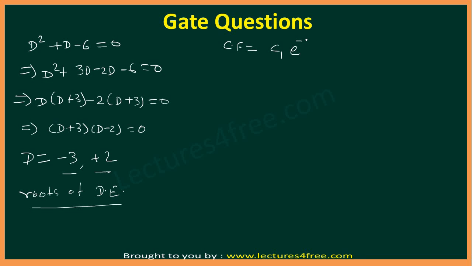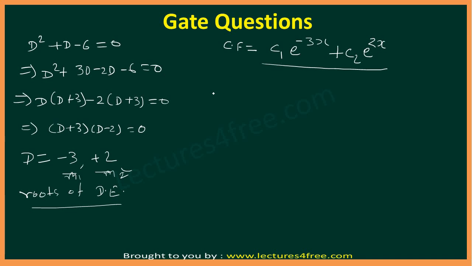The complementary function is equal to c1 e to the power minus 3x. Okay, m1x means m1 is here. Let's suppose this is m1, this is m2. So c1 e to the power m1x means minus 3x, plus c2 e to the power m2x, and m2 is plus 2, so you can write it as 2x. So this is your complementary function.